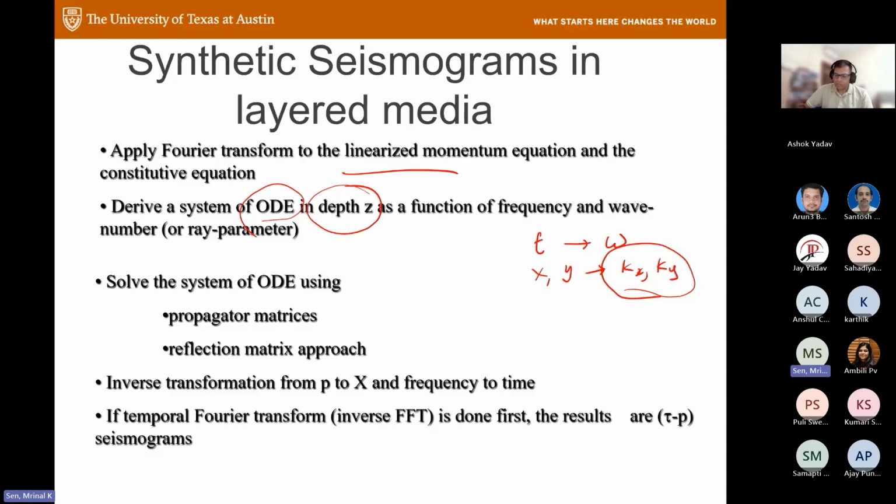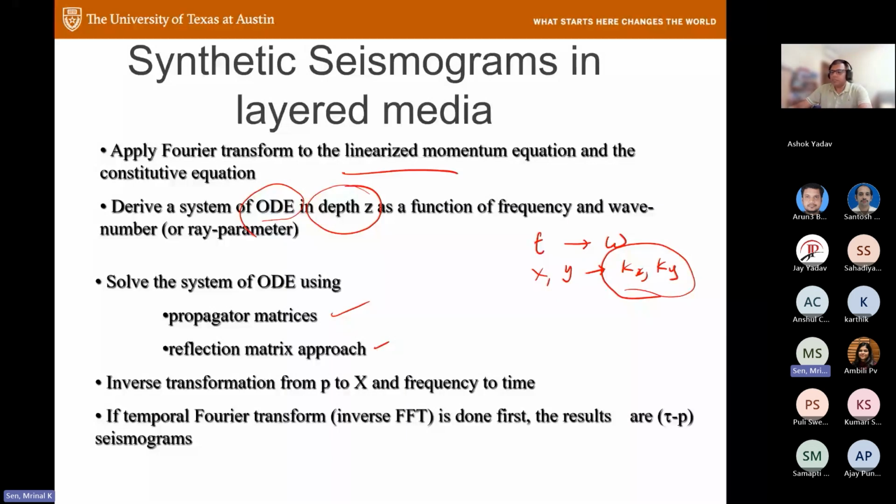One is the propagator matrix approach, which became quite popular in the early days of analyzing seismic data. But then the reflection matrix approach, which was pioneered by Hooks and Muller and later by Brian Kennett, became very popular. I'll explain what the difference is between these two and why the reflection matrix is more popular than the other methods.